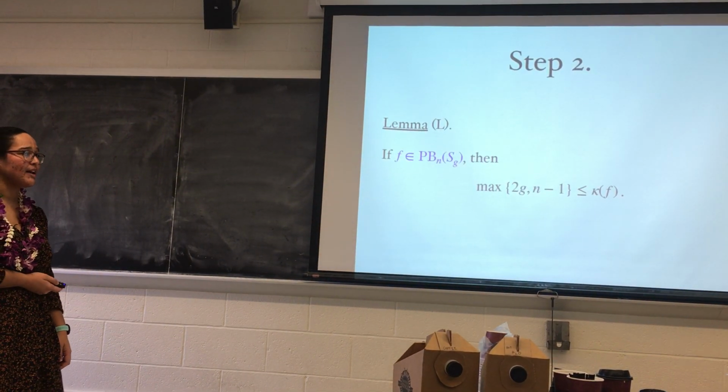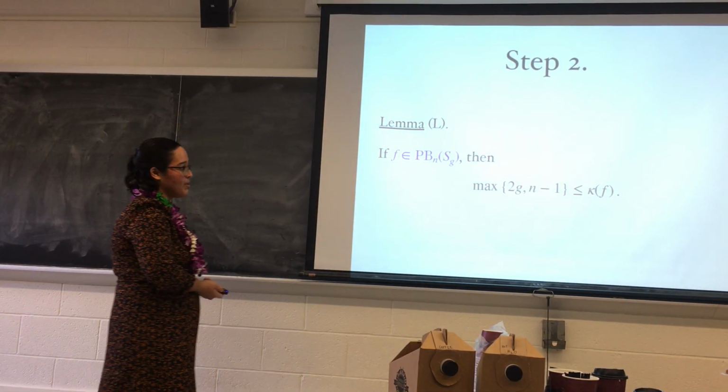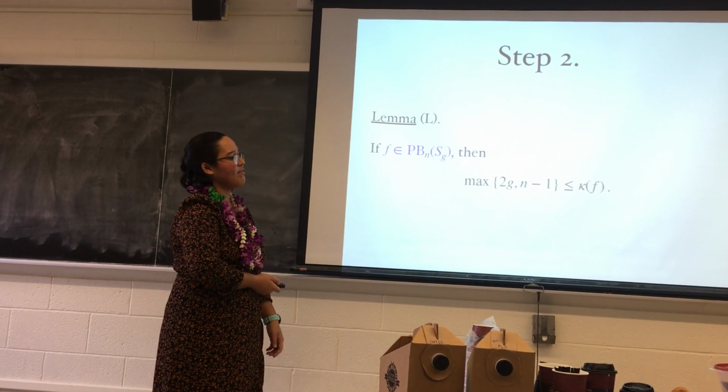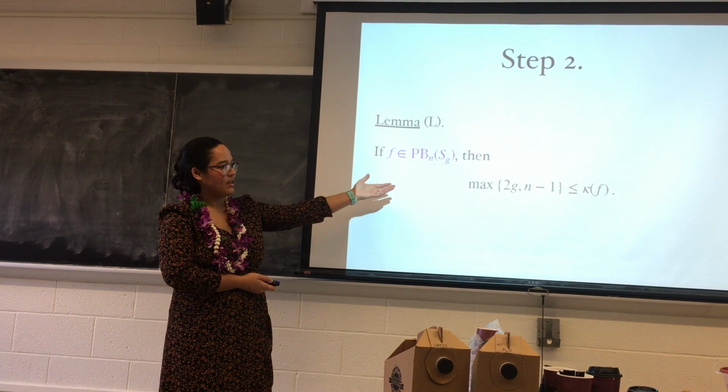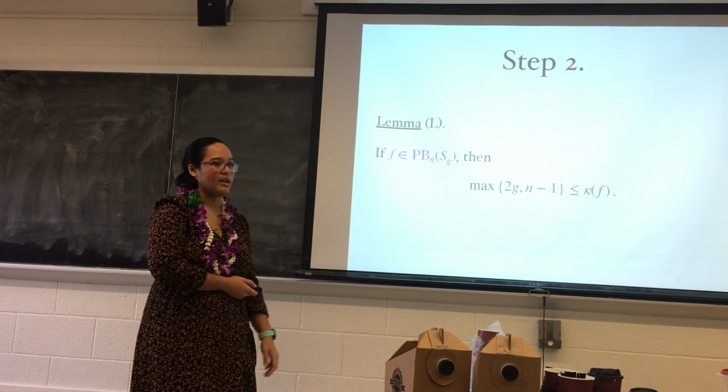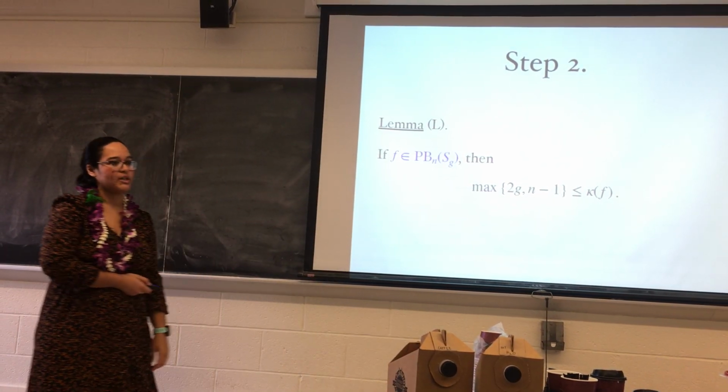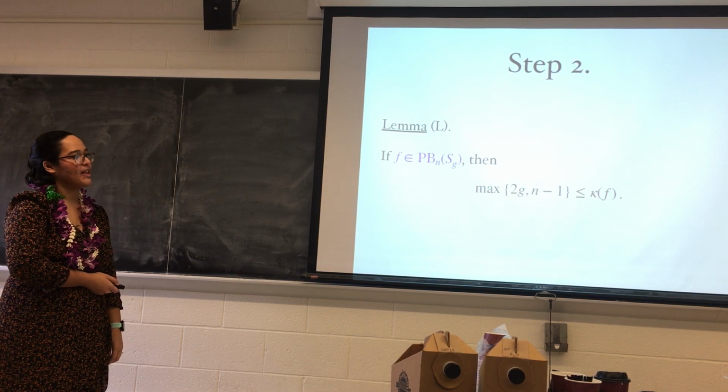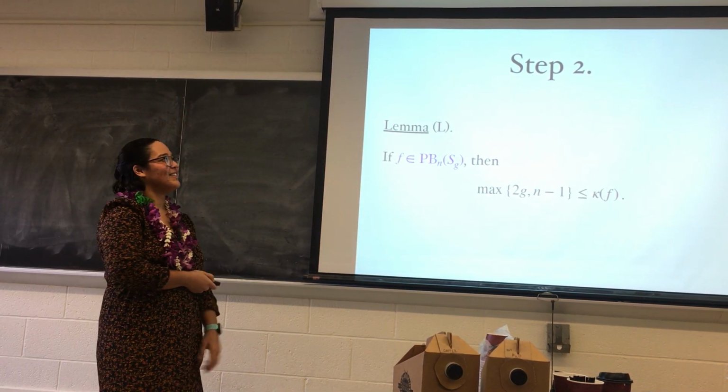And what I show is that if you have a pure surface braid, then it fixes at least either 2g or n-1 dimensions of homology, whichever is larger.